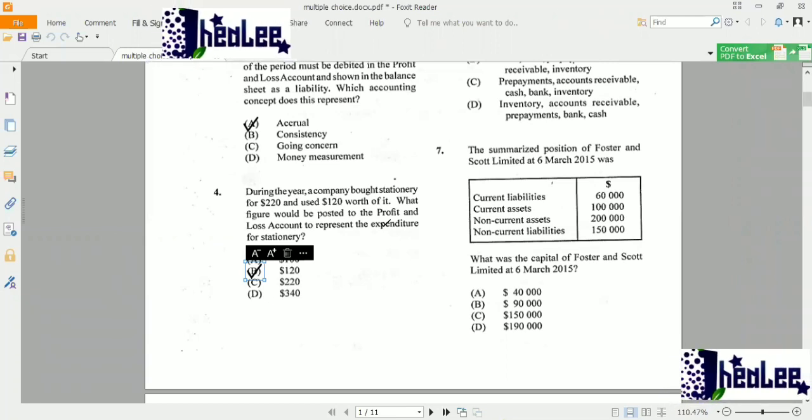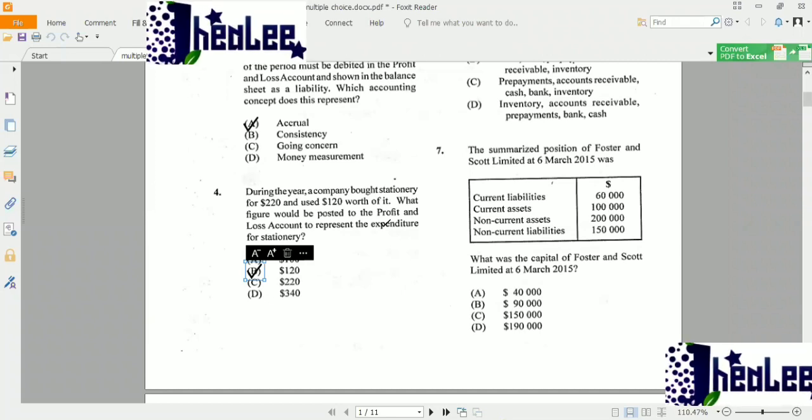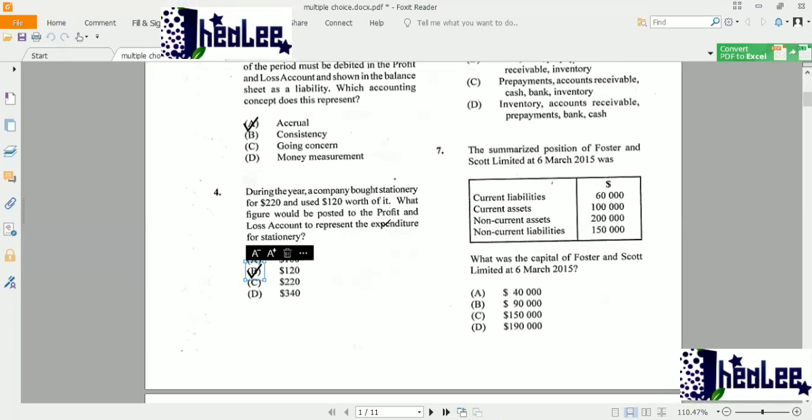If we use the 220, we're basically looking at the cash concept. So we have something referred to as the accrual concept of accounting, and we have the cash concept of accounting. The accrual concept is what we employ, meaning we account for what we have received in expenditure for the period, or what we have paid out in expenses for the period, or what we have not paid out.